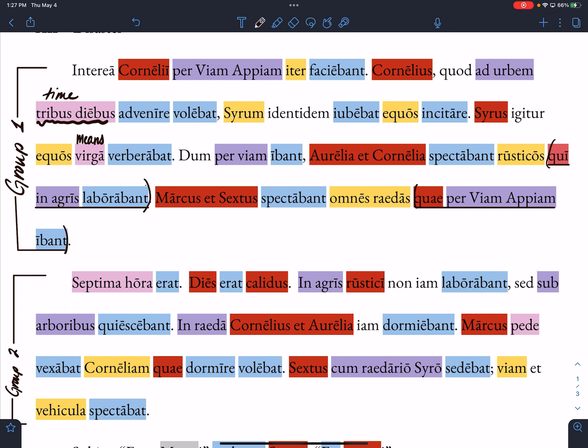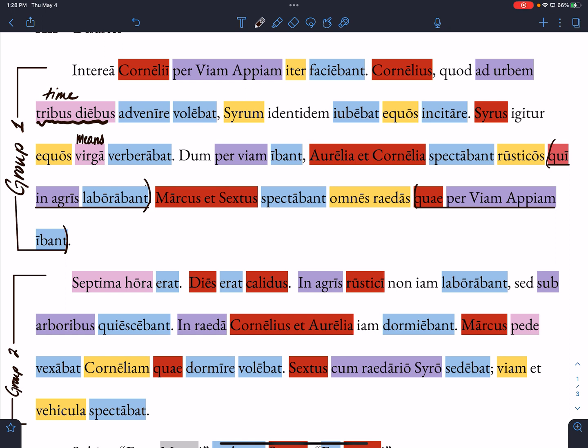Look at all my blues in this chunk. What tense are all of these verbs, not including infinitives? Imperfect. What is my tense marker that tells me they're imperfect? BA. What do we also call the imperfect? The whirring, the wuzzing. Yeah, good.